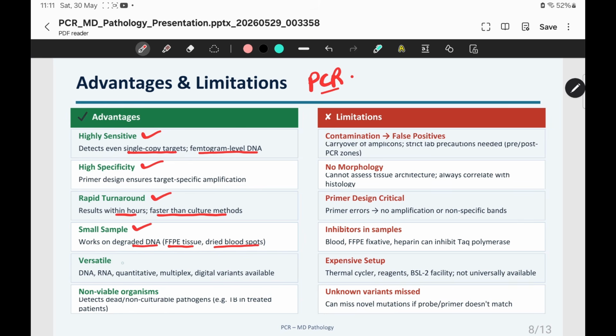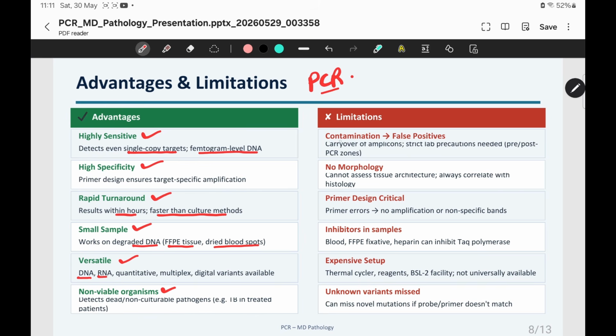It is a very versatile process which can be done on DNA or RNA, and it has different variants that are available like quantitative, multiplex or digital. It can also detect non-viable organisms, because in culture only viable organisms can be detected, but in PCR non-viable organisms can also be detected. Now the limitations.